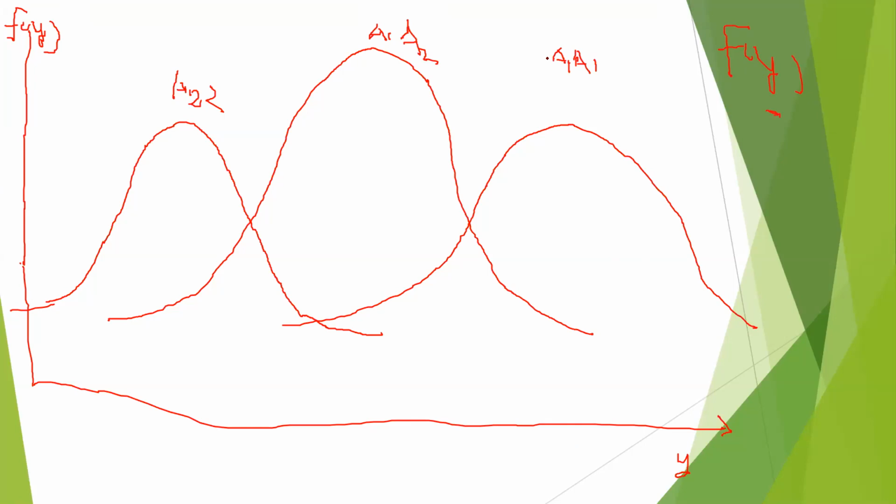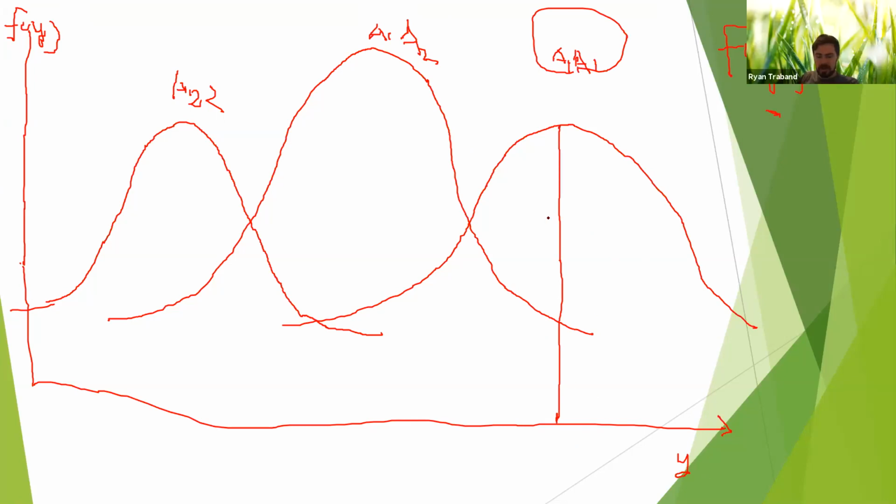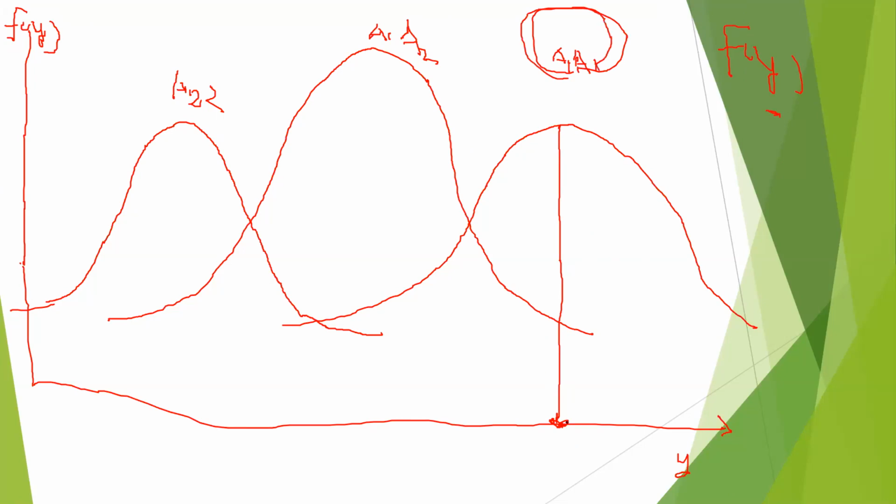If this individual comes from this population, the Y should be around here. Do you agree? Yeah, it should be around the point of A1, because this one has the larger phenotype, right? So if this individual comes from the first subpopulation, the value of this individual should be somewhere here. Do you agree?